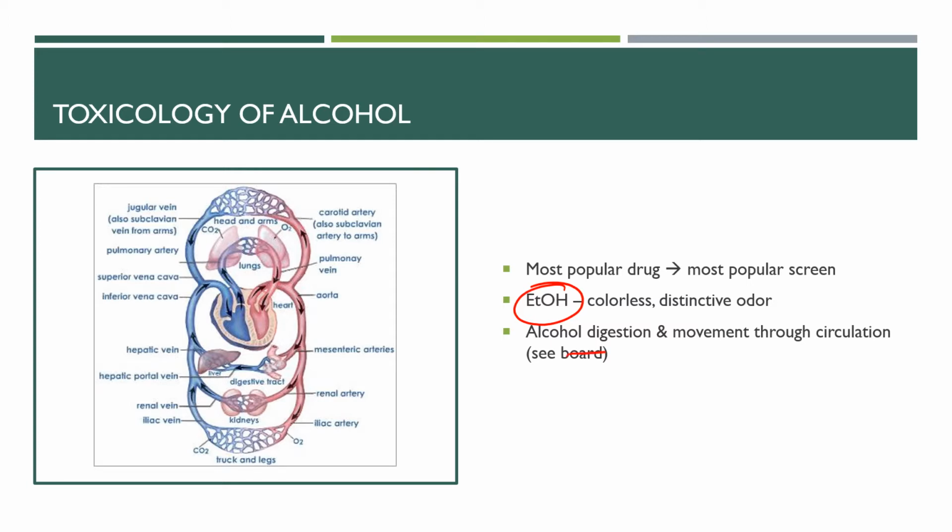See diagram. Okay, so when you digest alcohol, you're going to consume it in the mouth. Some alcohol will be absorbed directly by the mucous membranes in your mouth.